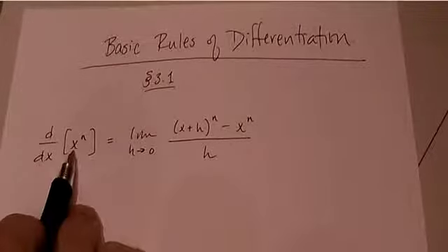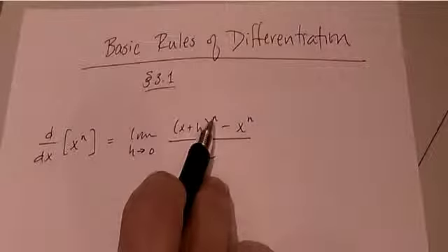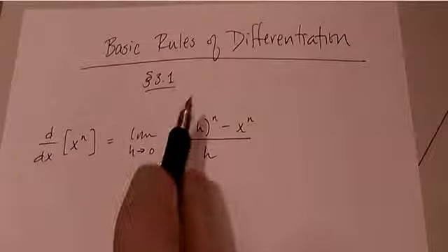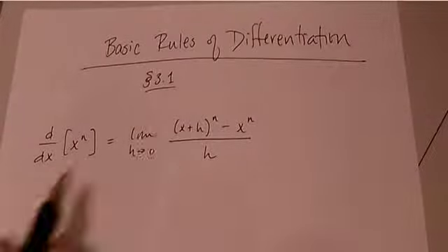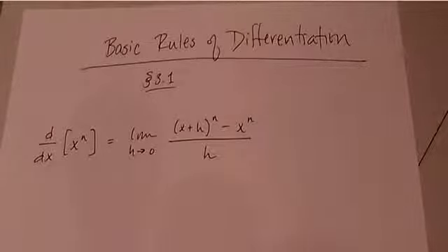So if this is x to the third, this becomes (x plus h) to the third. If we have x to the fourth, this is (x plus h) to the fourth. If we have x to the fifth, this is (x plus h) to the fifth, and so on and so on. So it might be a good idea to go ahead and take a look at binomial expansion, okay, in terms of Pascal's triangle.